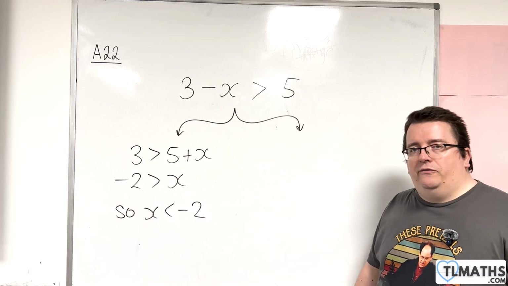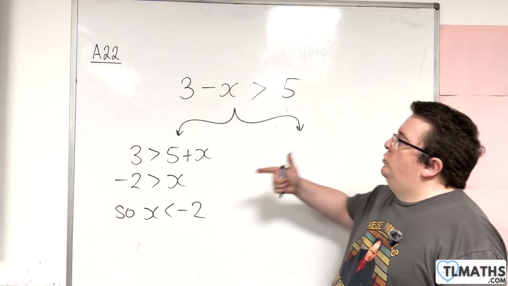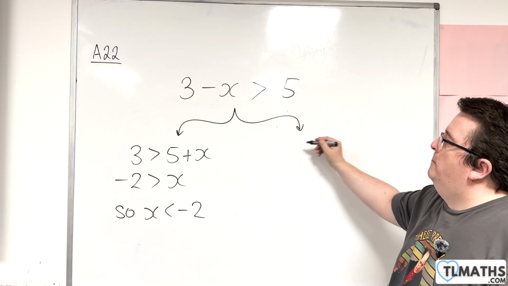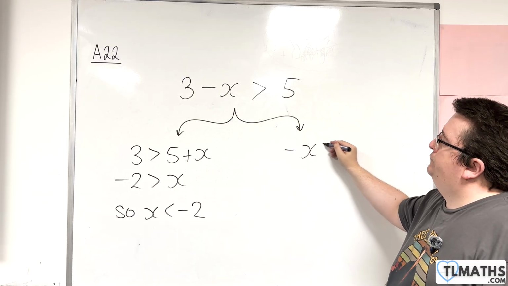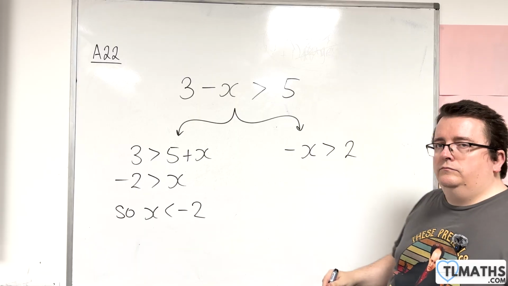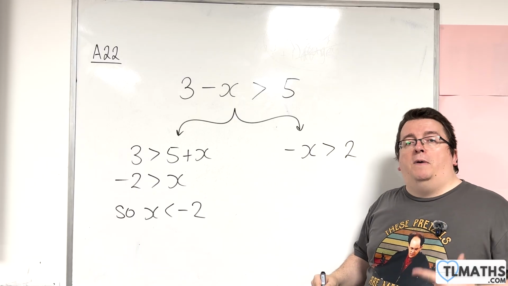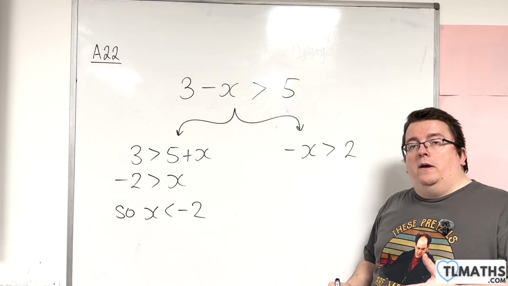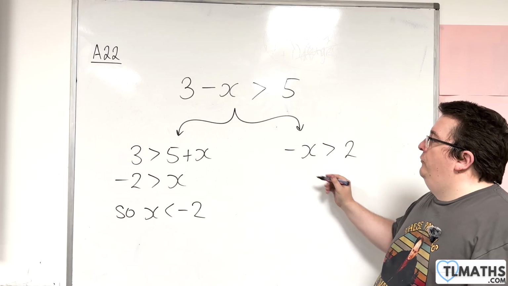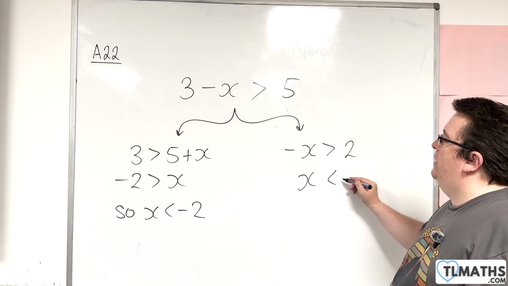But alternatively, you could subtract the 3 from both sides and then multiply through by minus 1, knowing that when you do so, it'll flip the direction of the inequality symbol.